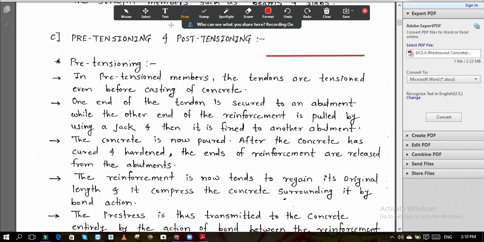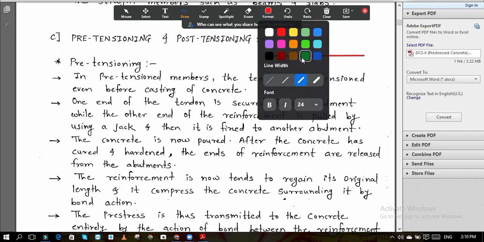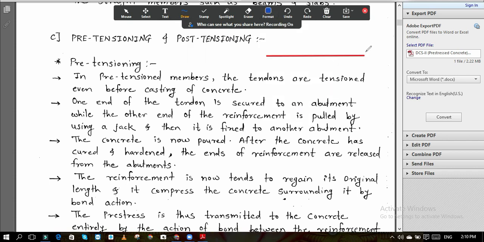Your one end is tied to the abutment. Here the abutment will be there, it is like this. So it is tied over here, and the second end is pulled, so the tensile force T is applied over here.